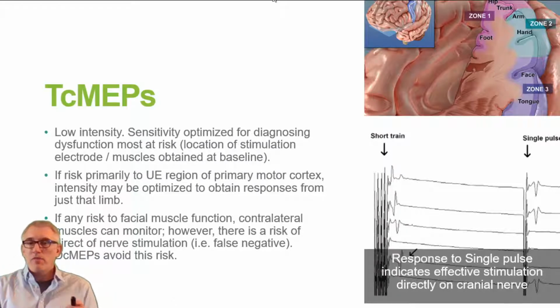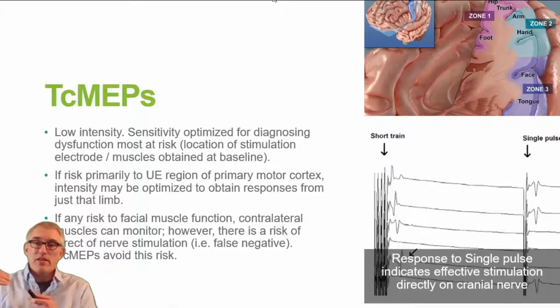You cannot get motor evoked potentials with a single pulse. So if you get it from a single pulse, you know you're activating the nerve directly, the nerve as it's exiting the cranial vault. So here in this case, responses could not be obtained without also getting responses at that intensity with just a single pulse. So here, you're not monitoring the corticobulbar tract, you're not monitoring primary motor cortex corresponding to the face.